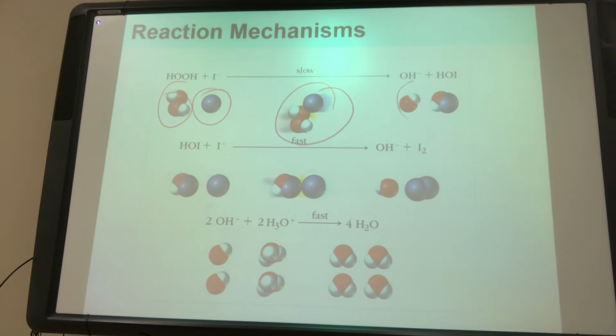Then that forms my new products. Then these 2 are going to collide, make my transition state, make my products. More collisions, make my products. Okay? So this is what's happening at the molecular level, just so you can see that these are the steps. This is my reaction mechanism, my steps to get to my end product.